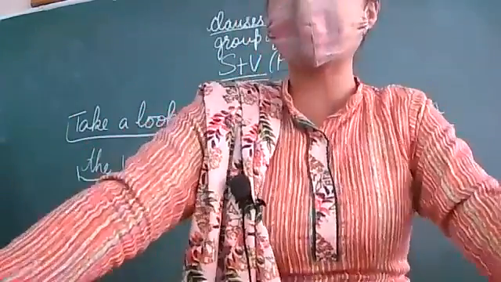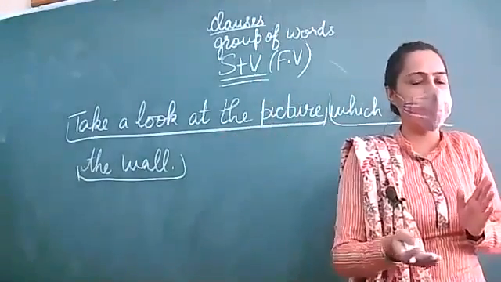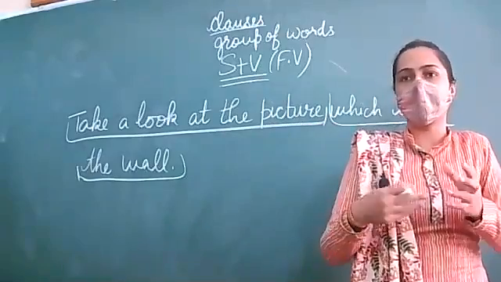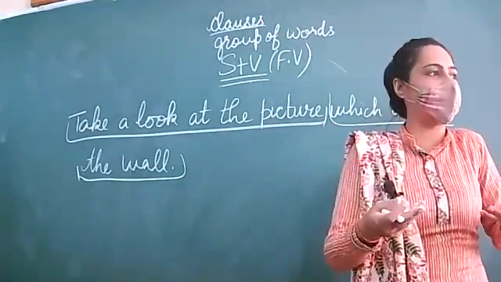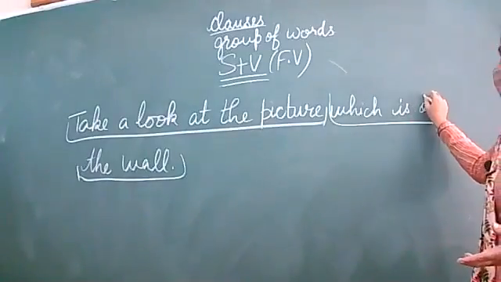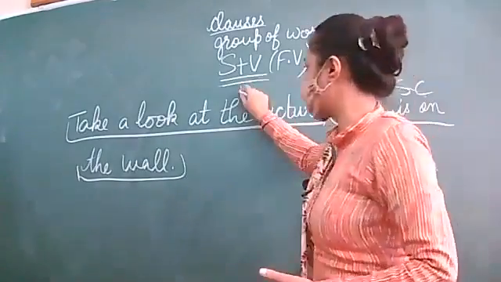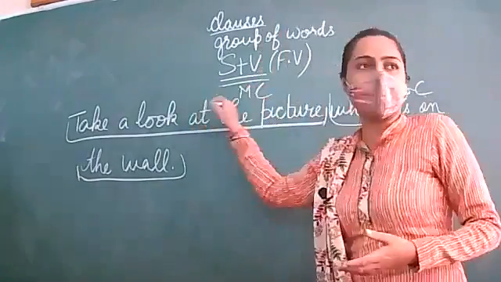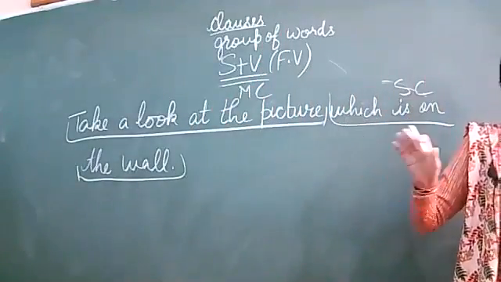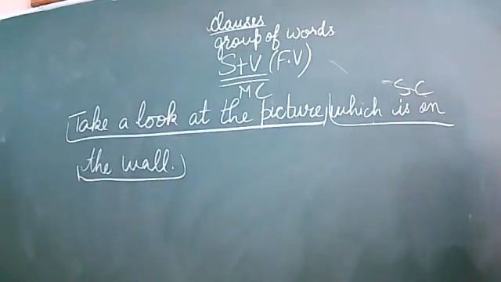Do you think it is making any sense? Sense is there, but incomplete. Means you need more information on what is the thing that is on the wall, right? So it means this part is subordinate clause and this is the main clause, because this part is complete sense, and this part is incomplete. Is it okay? Is it clear?